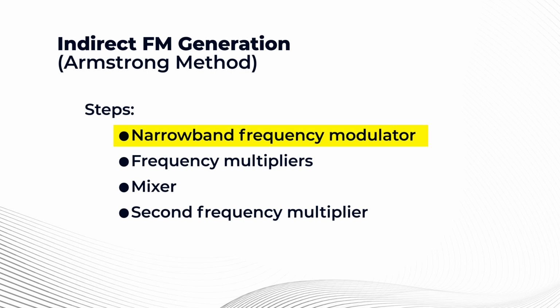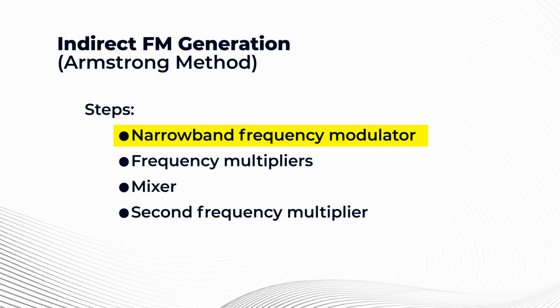The first step in the indirect method is to generate a narrowband frequency modulated signal. This is typically achieved by using a direct frequency modulator. This modulator works by varying the carrier frequency in accordance with the modulating signal, as we discussed in our previous section, that is the direct frequency modulation technique.